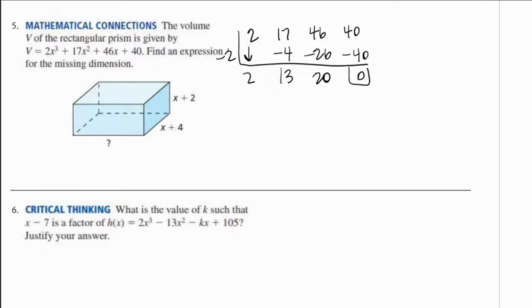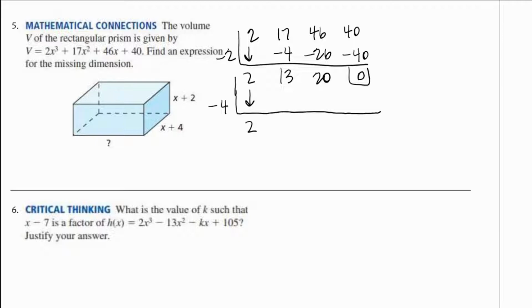So now I've got something here that I can continue to run synthetic division on, because I see it's going to be 2x squared plus 13x plus 20, and I'm pretty sure I can factor that. But if they're saying x plus 4 is a factor, then I'm not sure if they mean it's a factor, because what if this question mark side length had a remainder?